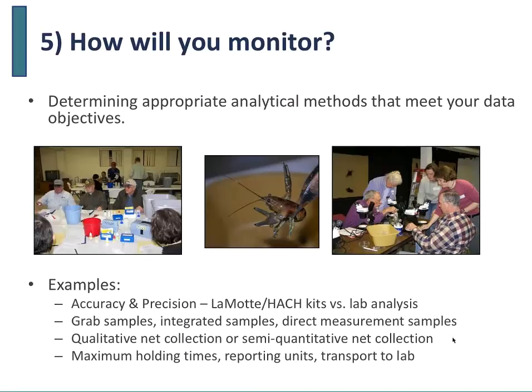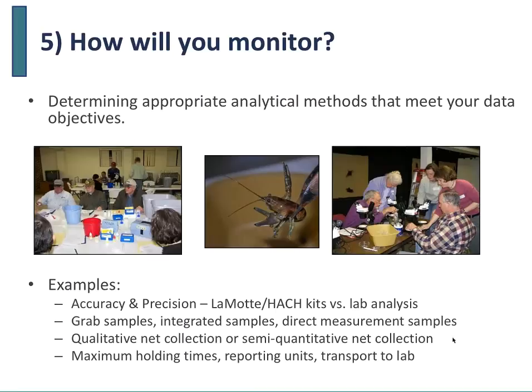ALLARM spends a lot of time testing volunteer-friendly equipment so that we can make the best recommendation to our volunteers. And so we're continually testing kits, looking at meters, and there are certain parameters where, if people are really concerned about metals, or acid mine drainage is an issue within our state and it's important to have metals, you're going to want to send those samples to a certified lab.